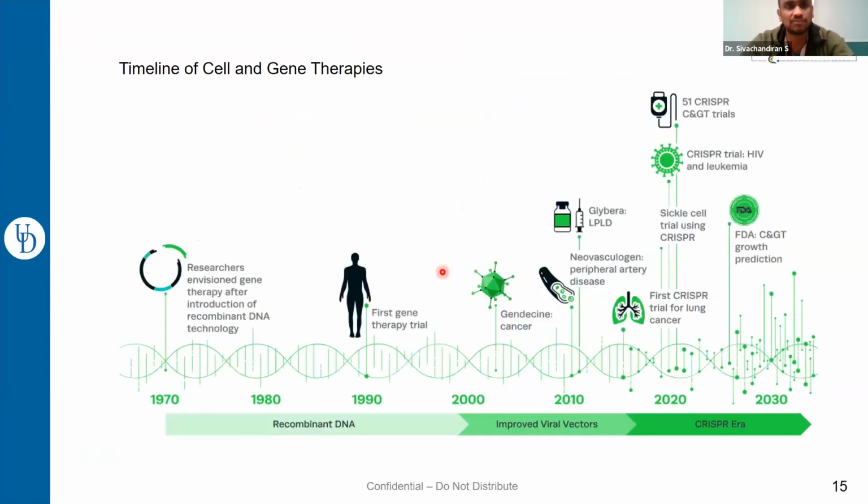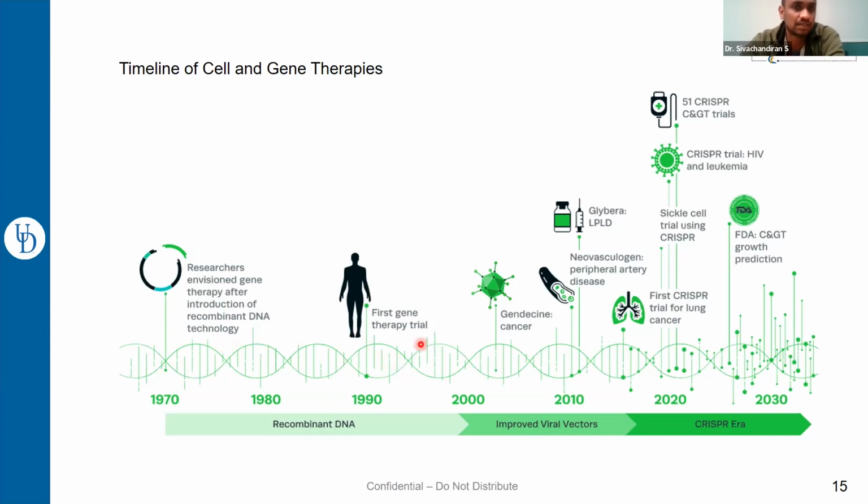This is a timeline of cell and gene therapeutics. As we discussed, to engineer the genome, since 1917 people have tried different methods to edit, knock out, knock in, repress or activate genes in the genome of any type of cells.